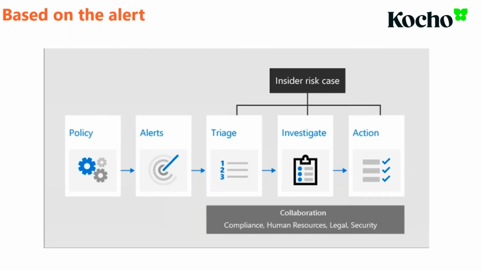So once the policy has defined that something is going wrong and raised an alert, you then pass that on to the security team, the HR team, the compliance team, who will triage it, check to make sure that things are working in the optimum way, that people aren't behaving in a way that you wouldn't want them to, investigate it, and then take the appropriate action, whether that actually is any action at all, because it could be something that somebody is doing as part of their job.